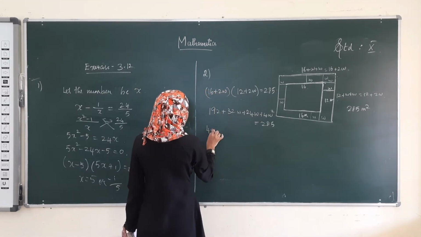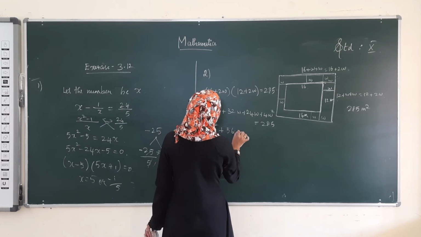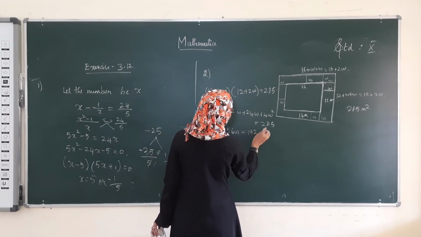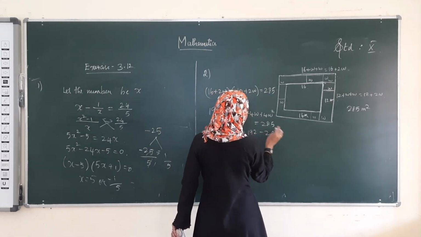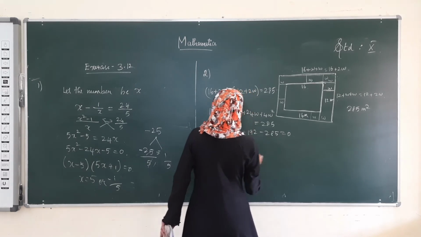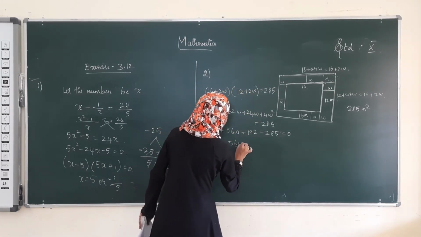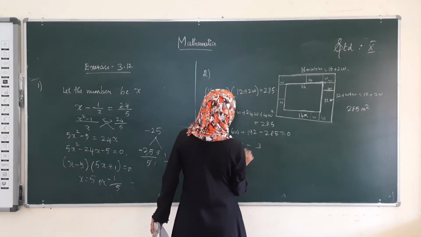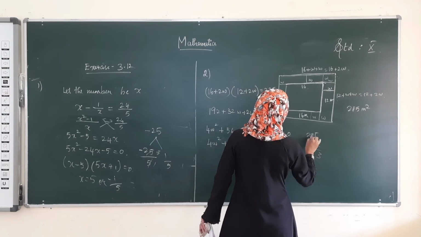Therefore, 4 into W squared plus 56 into W plus 192. Taking 285 to the left hand side, we get 4W squared plus 56W minus 93 equal to 0.